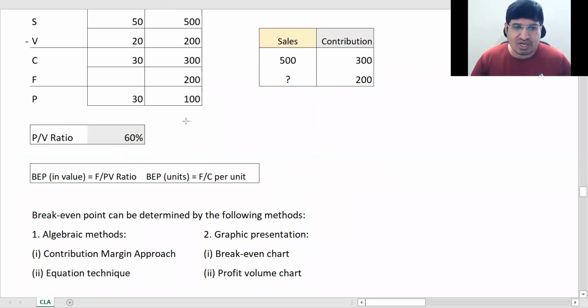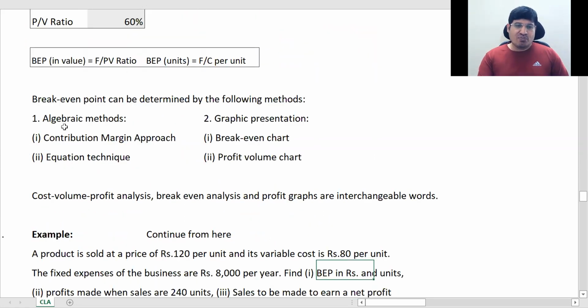In value, BEP is equal to fixed cost upon PV ratio. In units, it is fixed cost upon contribution per unit. Break even analysis is the analysis we do with the marginal cost statement. We also call it cost volume profit analysis, break even analysis, and profit graphs.